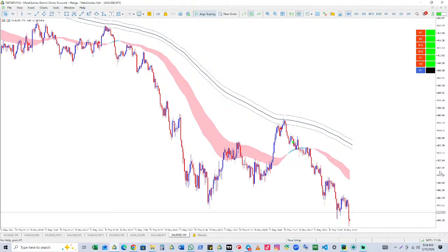The indicator is a non-repaint indicator, meaning that it does not repaint at all. Repaint means that you have an arrow that appeared here, like this example. If the arrow does not work, most indicators will make it disappear. But this indicator does not behave that way.